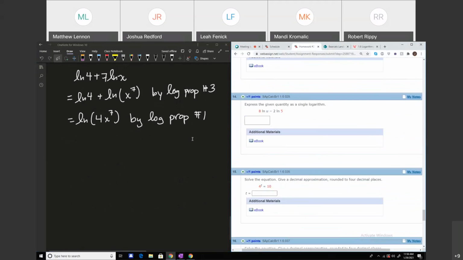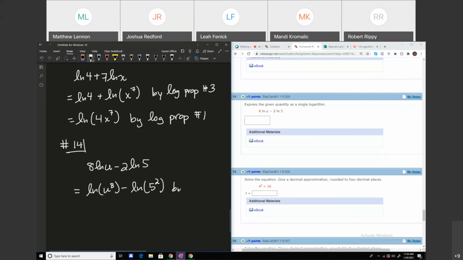Number 14, we're doing the same thing, but we're going to have log property number 2 since it's subtraction. So 8 natural log of u minus 2 natural log of 5. So put them both back in, the numbers in front as exponents. So this will be the natural log of u to the 8th minus the natural log of 5 squared, which is 25.